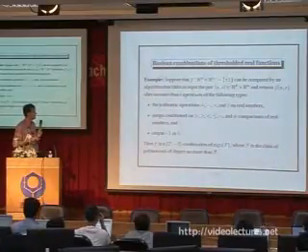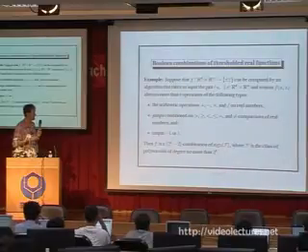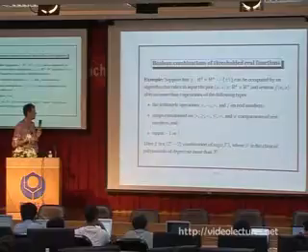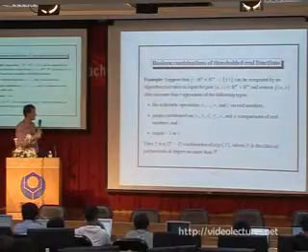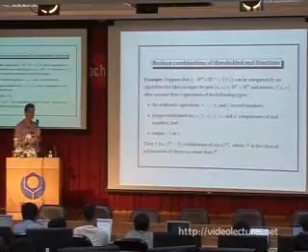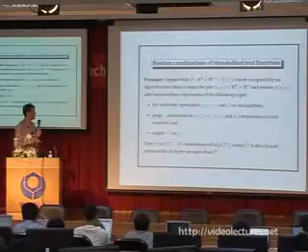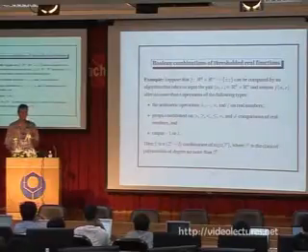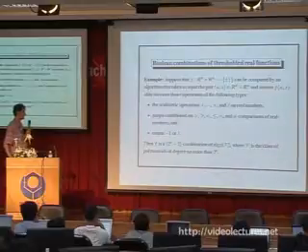We take as input a parameter and the x, and we return either plus or minus 1 after no more than t of these steps. In the model of computation, it costs 1 step to perform a single arithmetic operation: addition, subtraction, multiplication, or division on real numbers. It costs 1 step to do a jump conditioned on any inequalities, any comparisons of real numbers, and 1 step to output minus 1 or 1.